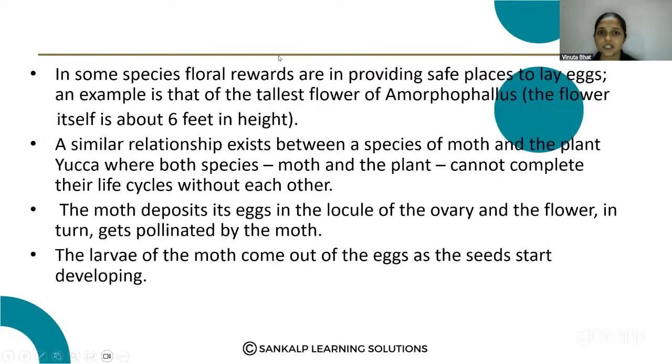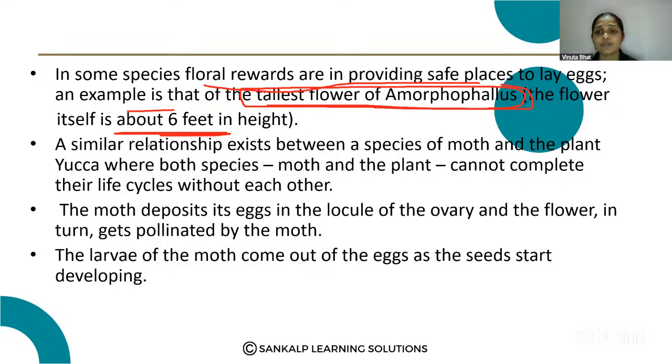In some species, floral rewards provide safe places to lay eggs. For example, the tallest flower, Amorphophallus, very important, is about 6 feet in height, and provides a safe place for insects to lay eggs.